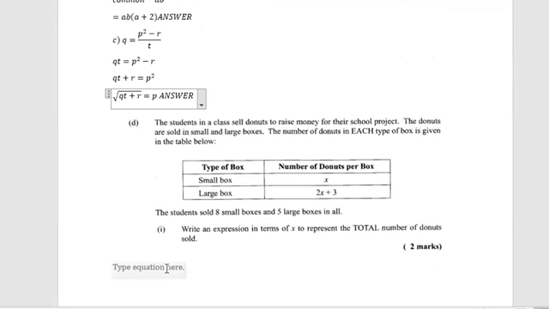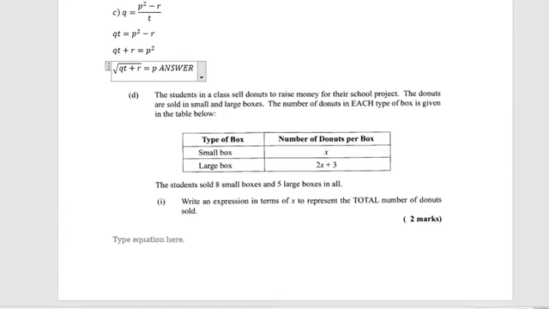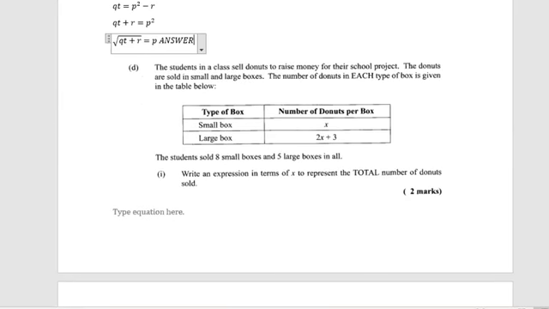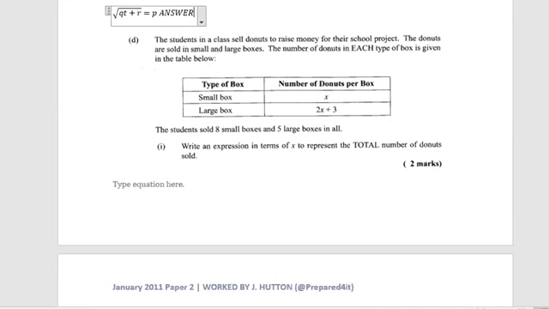So part D now says the students in a class sell donuts to raise money for their school project. The donuts are sold in small and large boxes. The number of donuts in each type of box is given in the table below.